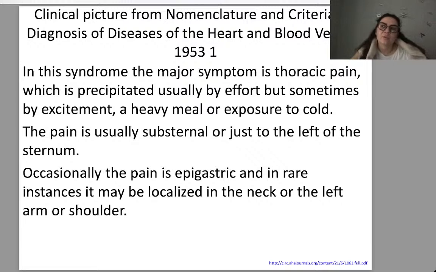And another, more recent description is the clinical picture from the nomenclature and criteria of diagnosis of diseases of the heart and blood vessels, described in year 1952.